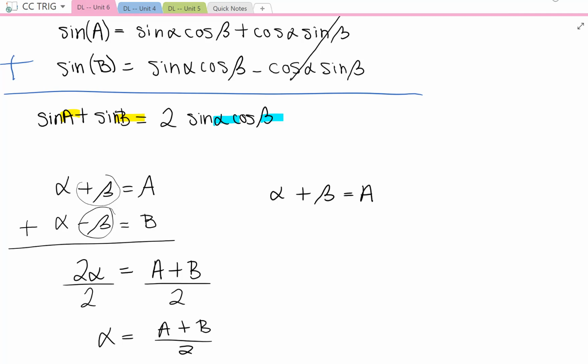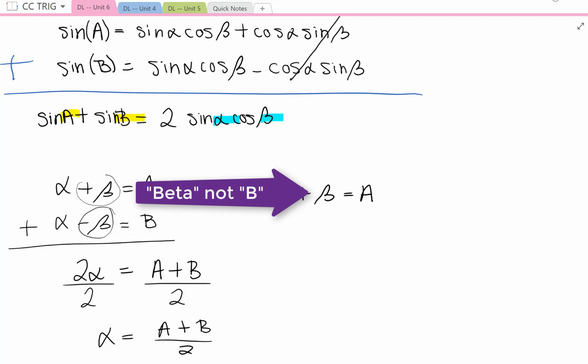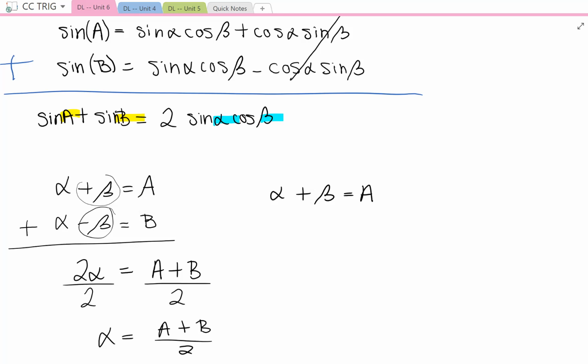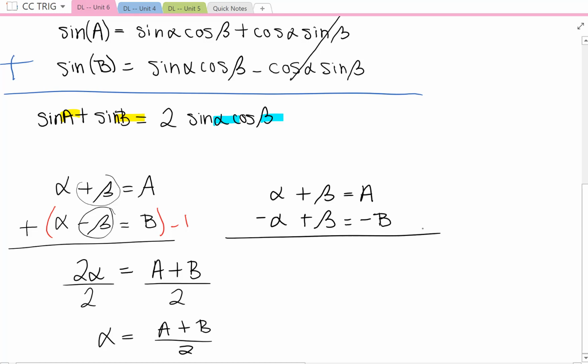To write an expression equivalent for beta, I'm going to subtract the two equations we started with. So I'm going to actually multiply the second equation by a -1 so that I can add. If you multiply by -1, you can just add. This would be negative alpha. -1 times negative beta is positive beta. -1 times B is negative B. Now we will add these two equations.